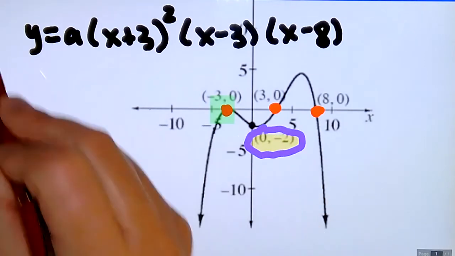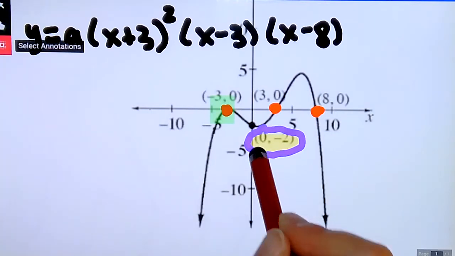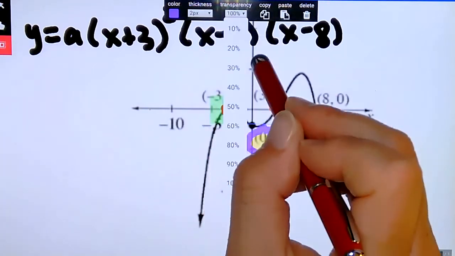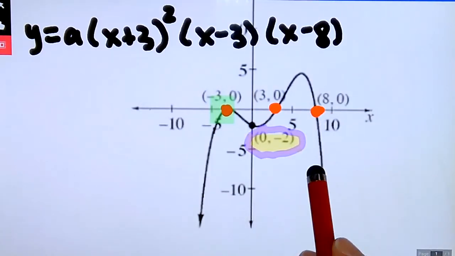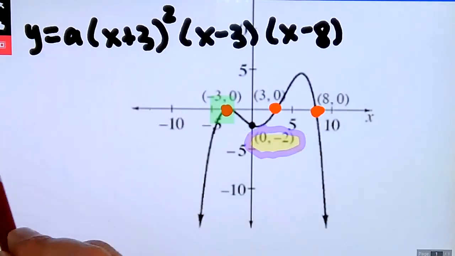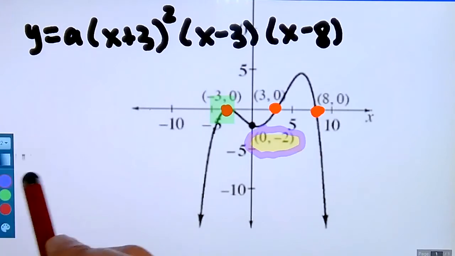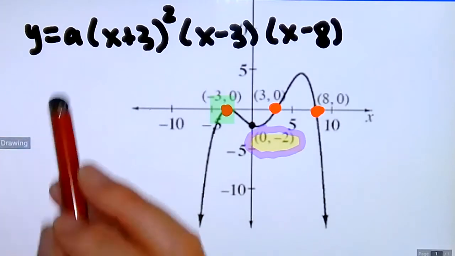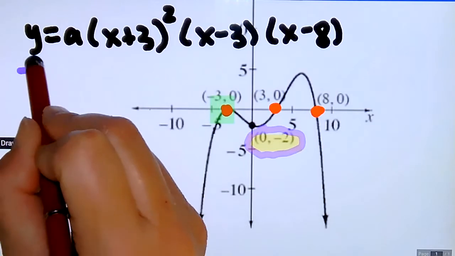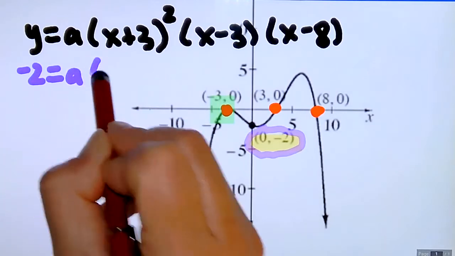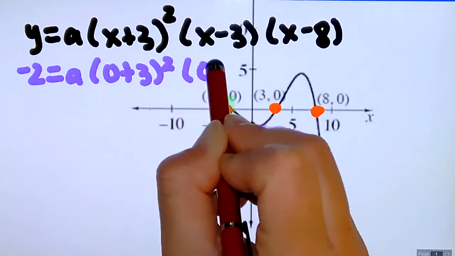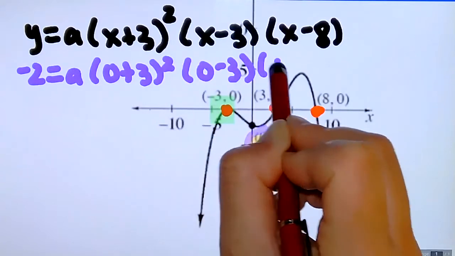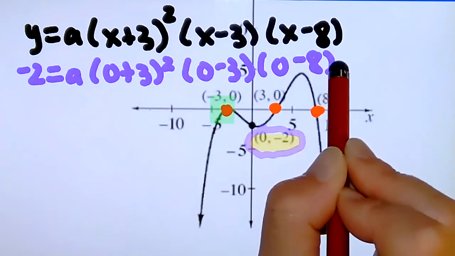So that's 0, -2. I'm going to put that in for this. So let's try that. -2 is equal to a, and 0 plus 3 squared, 0 minus 3, 0 minus 8.